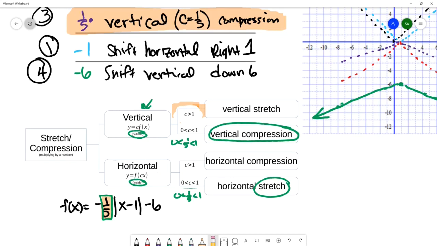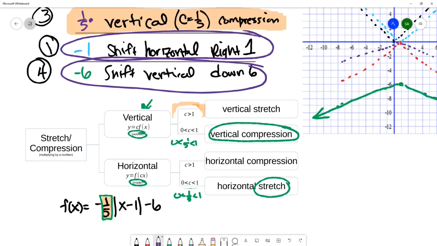So that's how I keep it straight in my head, that vertical transformations, you follow your gut. And this also works when you're talking about your shifts up here. Here it makes sense that with this vertical shift, -6 makes sense to go down.